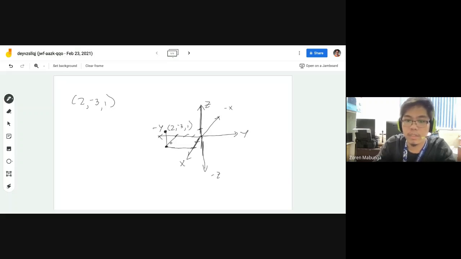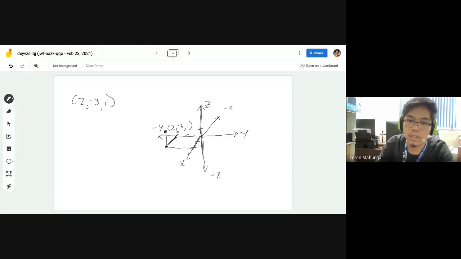Nakuha niyo kung paano mag-plot? May question kung paano mag-plot? So, kailangan may ruler kayo para pantay talaga. So, itong point na to, ang pinapakita mo pa lang dito sa graph na to will be yung point 2, negative 3, and 1. So, what if sinabi niya na i-represent mo graphically yung vector directed at point 2, negative 3, 1.